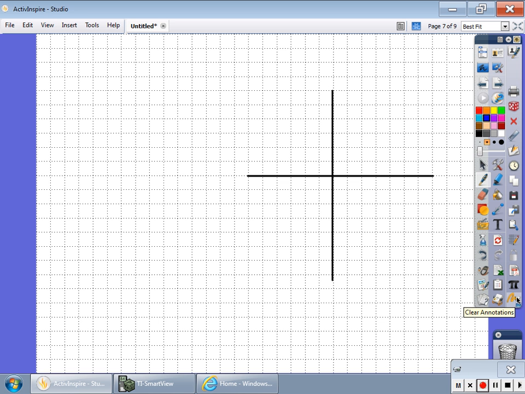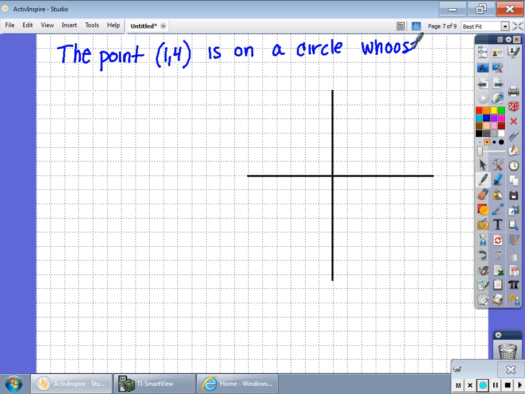The point (1, 4) is on a circle whose center is the origin. And what they want us to do is find the equation of the circle.